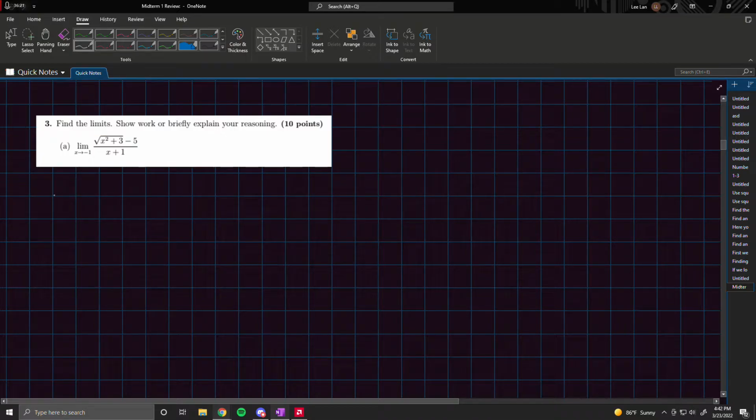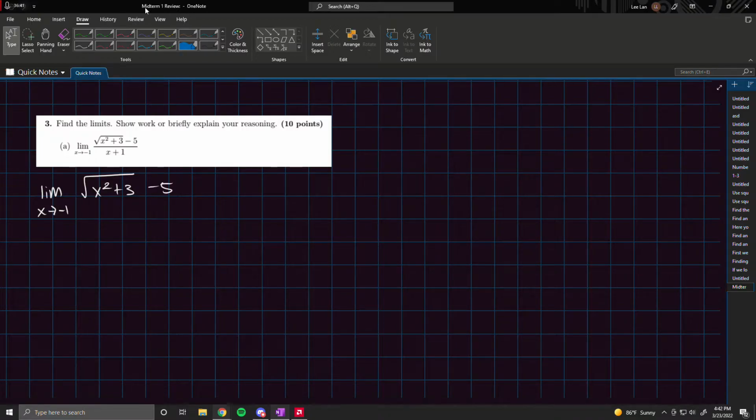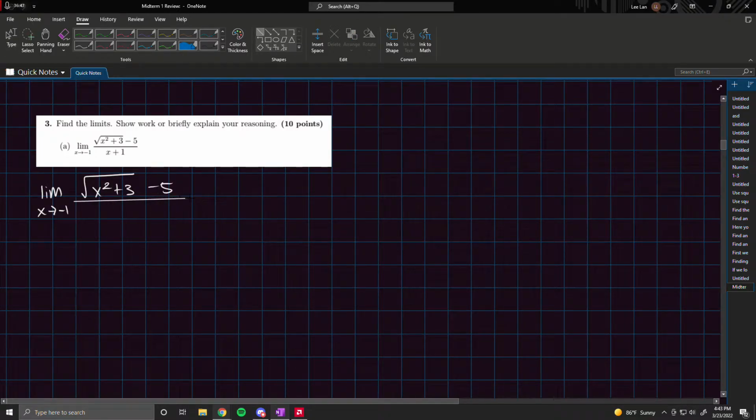So 3a, we have the limit as x approaches -1 of the square root of x squared plus 3, minus 5, all over x plus 1. With all limit problems, the first thing I try to do is plug it in and see what happens. Unfortunately, if I do that, I get something divided by 0.